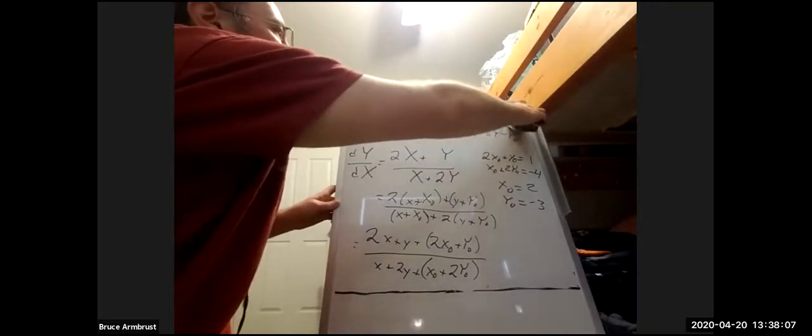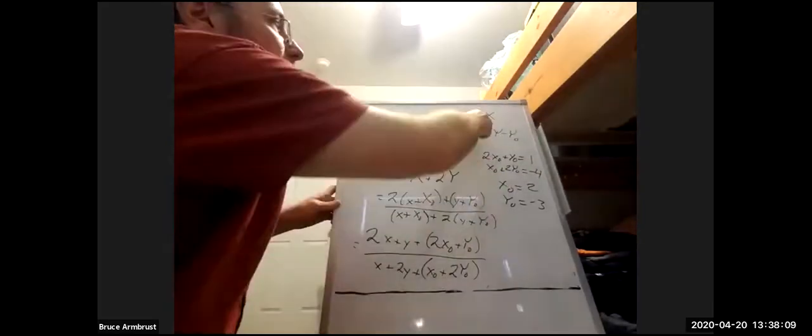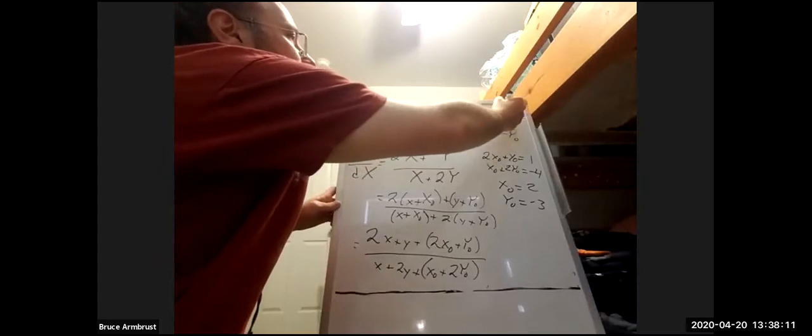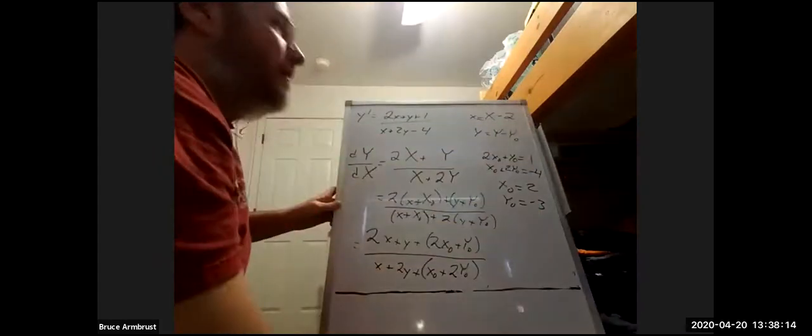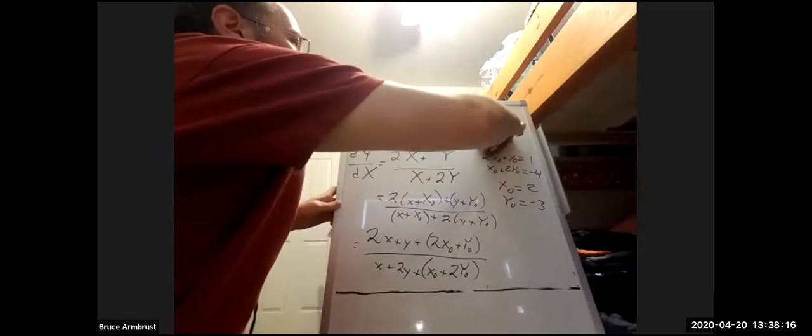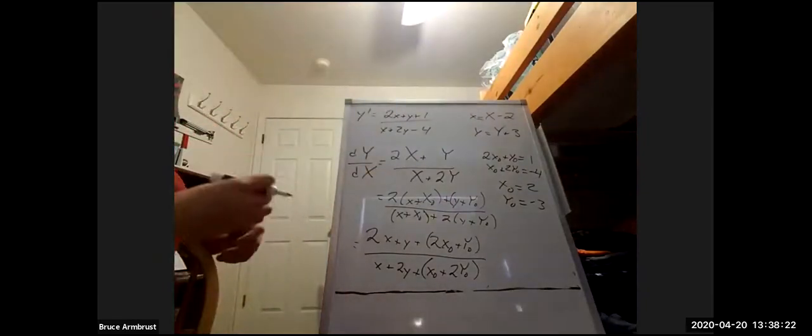So that means the substitutions we're using, if I come back up here, let me put the numbers in: little x is big X minus 2, and little y is big Y plus 3. So that's the substitution we're going to do.